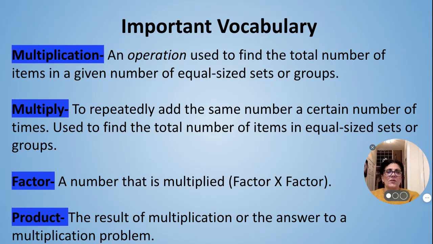The product is the result of multiplication. Just like when you're dealing with addition, the answer is called a sum. When you're dealing with subtraction, the answer is the difference. With multiplication, it is the product. And when you get into division, you're going to find that the answer is called a quotient.